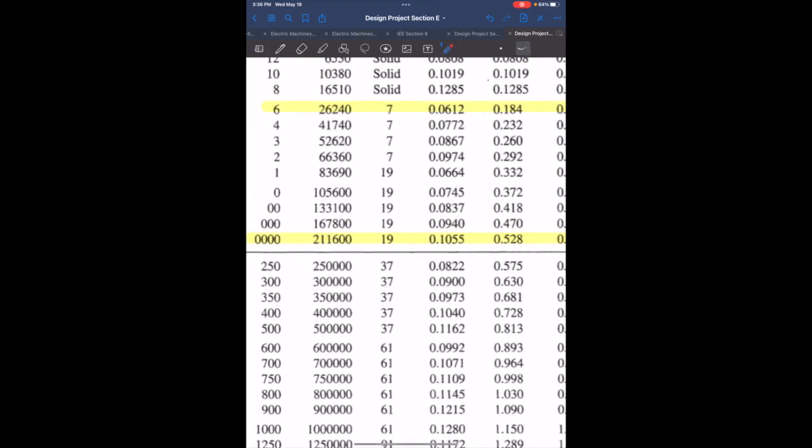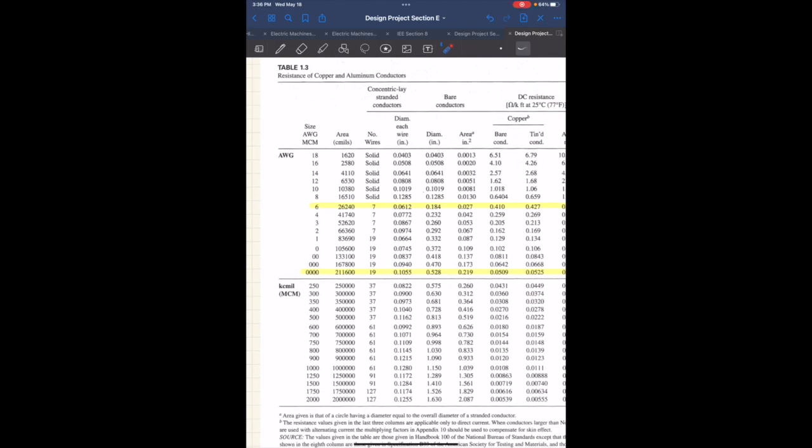We look for 191, we don't have it, so we go to the next higher one. This is going to be 19 strands, and the diameter of each individual strand is 0.1055, which is still less than 0.123, so we're fine. These are the conductors we're going to choose for our example. We'll finish this tomorrow.